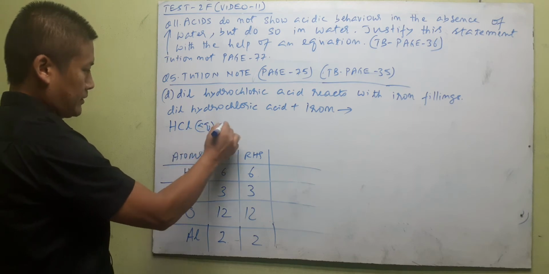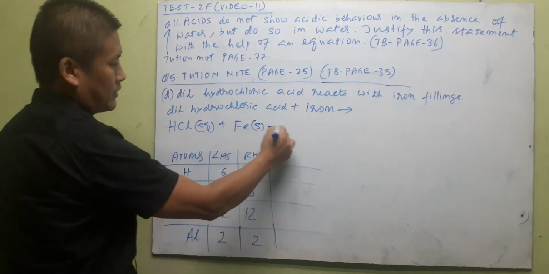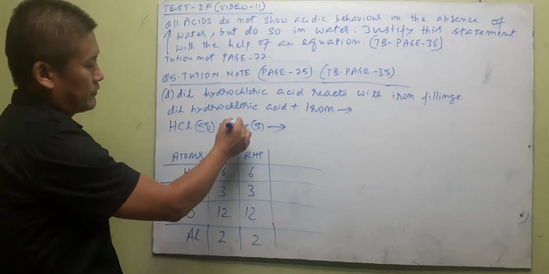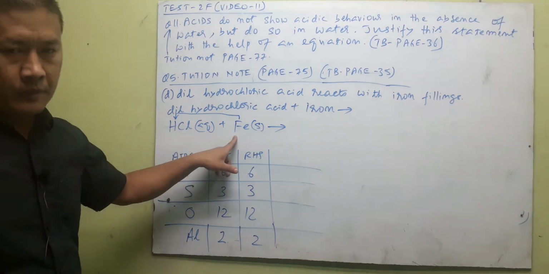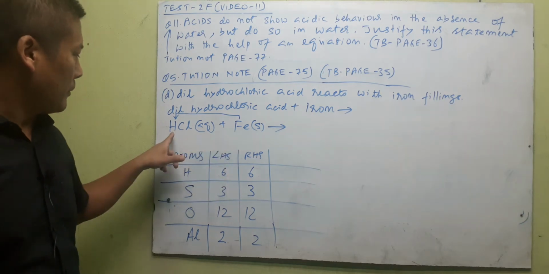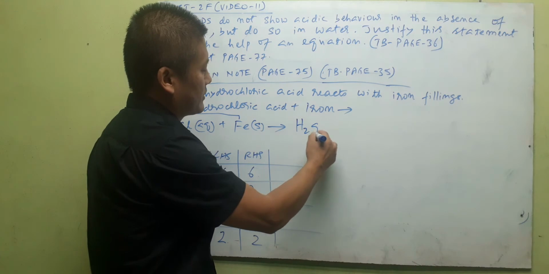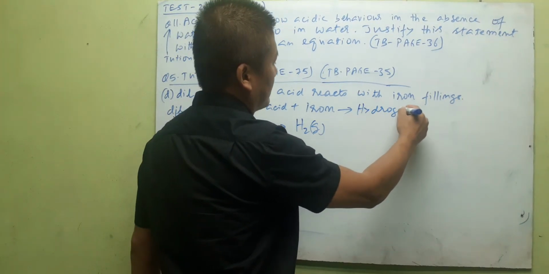HCl, hydrochloric acid, plus iron, we know the symbol is Fe, which is a solid if you want to mention. Now go ahead and see page 47 of your textbook again. You will see the reactivity series of metals, and you will see definitely iron is above hydrogen. So it can easily replace this hydrogen and cause it to come out as hydrogen gas.